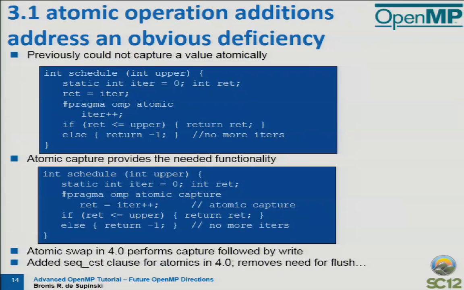Right? This is what the OpenMP implementation basically does for dynamic scheduling of work shares. And if you want to implement something like that by yourself, you need an atomic capture. You couldn't do that in earlier versions of OpenMP. Now with OpenMP 4 you can do that.